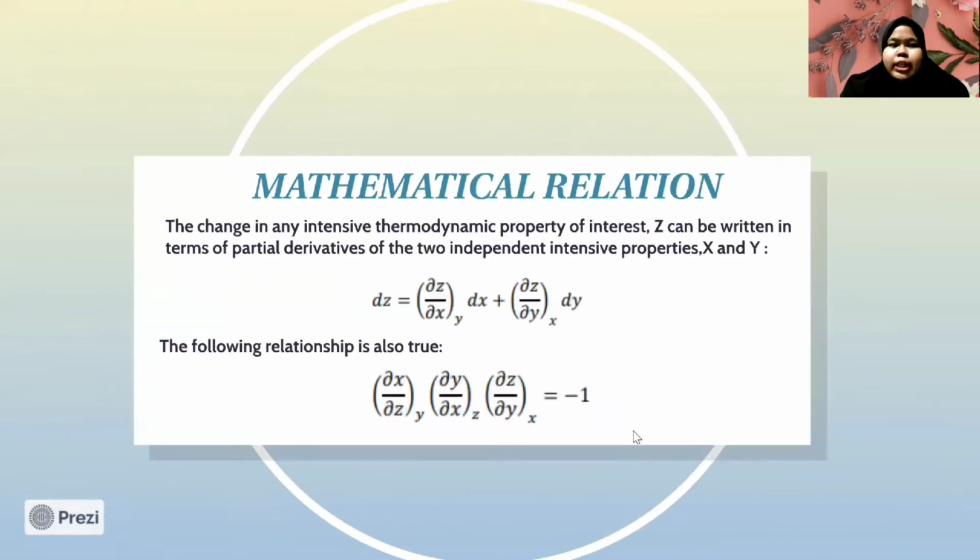For the mathematical relation, basically we are deriving the general formula from the properties, which is the change in any intensive thermodynamic property of interest, Z, can be written in terms of partial derivative of the two independent intensive properties, X and Y. So as you can see here, there are two general formulas that you can use, either the first equation or the second equation. Basically, the relationship between these two equations is exactly the same, just differing in terms of the arrangement.